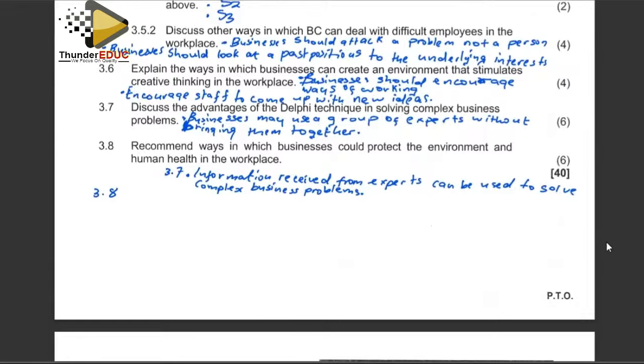Okay, we're saying that machines should be serviced or maintained regularly.